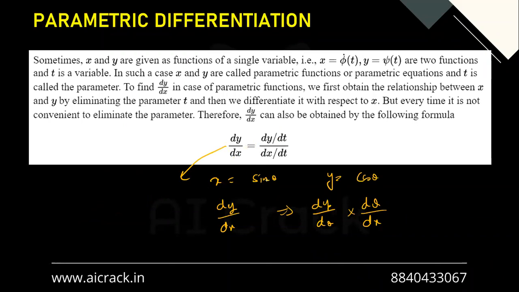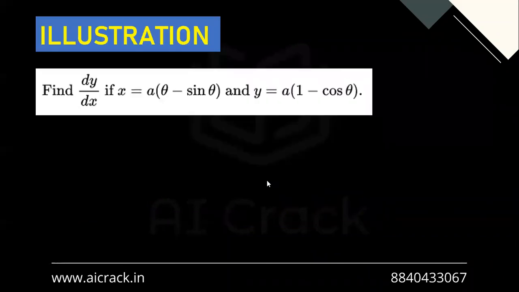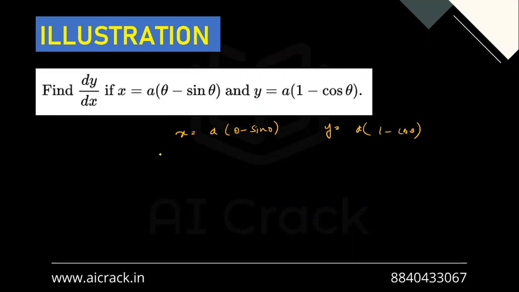So let's look at it with the help of one example. Find dy by dx if x equals a(theta minus sine theta) and y equals a(1 minus cos theta). So x equals a(theta minus sine theta), y equals a(1 minus cos theta). Now I'll be doing dy by dx equals dy by d theta into d theta by dx.